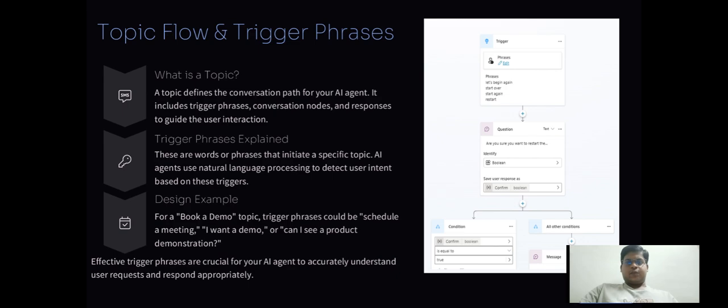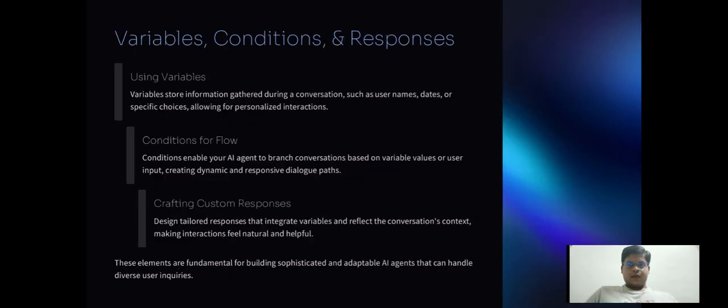In this way in Copilot Studio, variables, conditions, and responses. So talking about variables and conditions, conditions can be added while you will be clicking on add a condition, depending on whether the user has to make a choice or whether there is some boolean logic involved, that is true or false or yes or no. You can create the conditions and implement the logic.